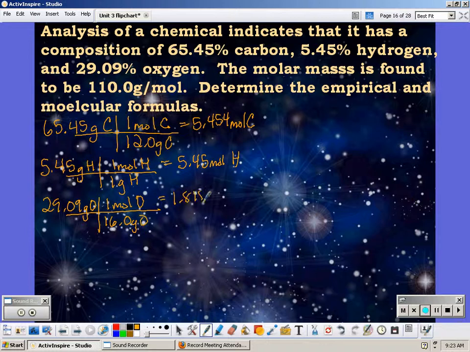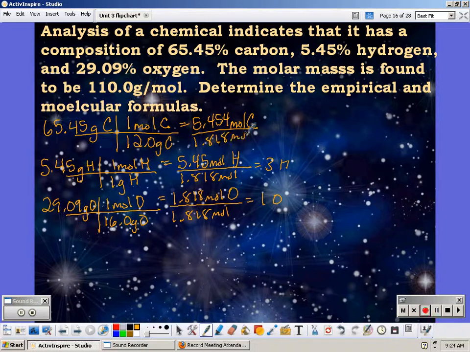We're going to divide by the smallest. So we have 1 oxygen, 3 hydrogens, and 3 carbons. So my empirical formula is C3H3O.